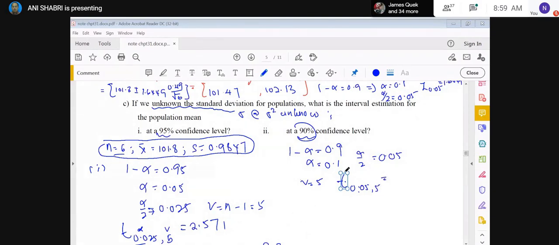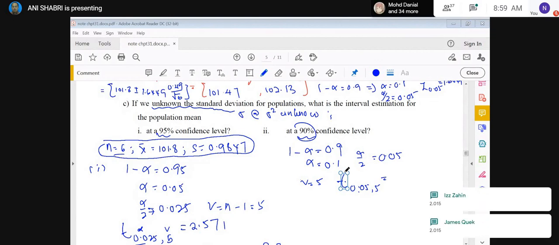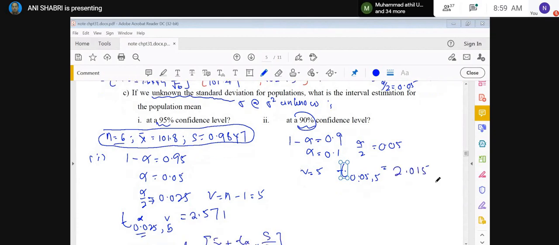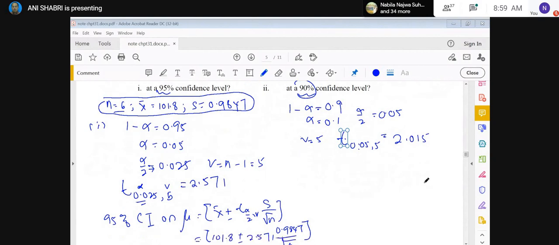What is the value from the table? 0.05, 5. Okay, 2.015. After that we can calculate the confidence interval.